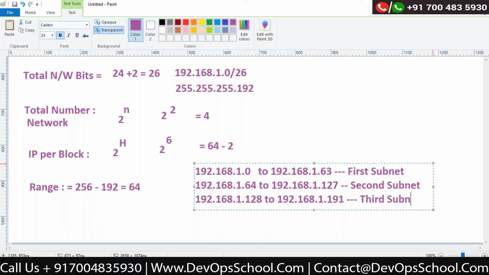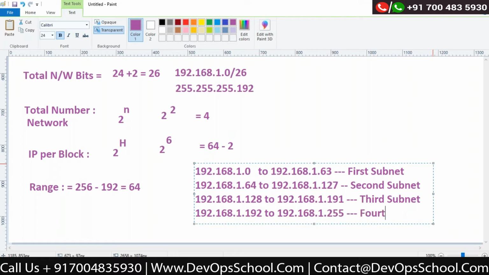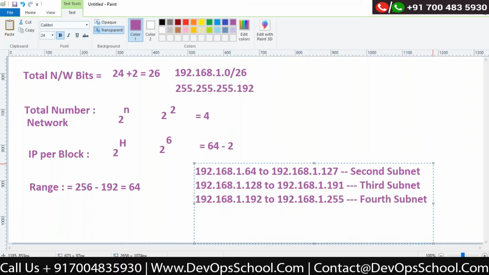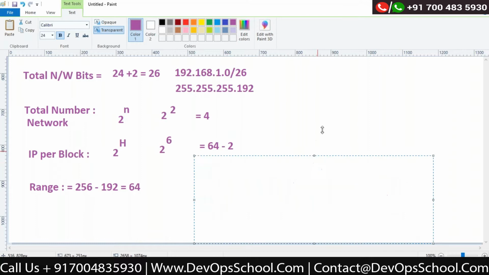So you can see I divided a single network into 4 chunks now. Correct? So if I say 192.168.1.192, what is the last number? 192.168.1.255. This is my fourth subnet. Correct? And what is a subnet mask for this?